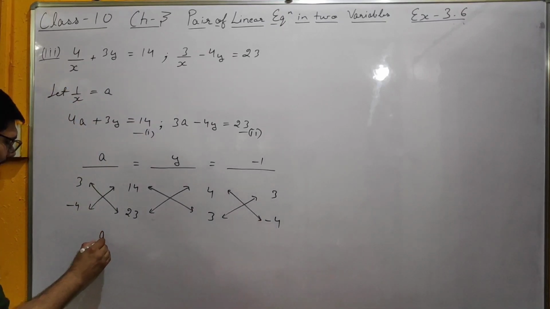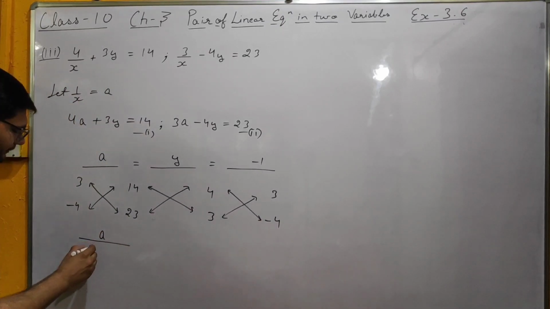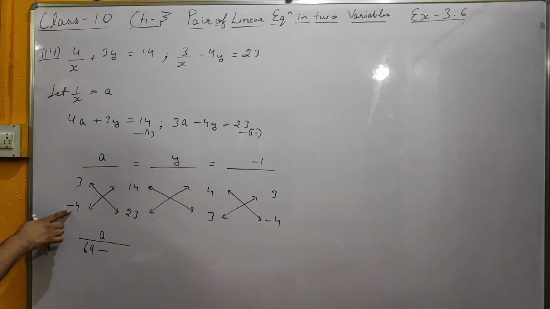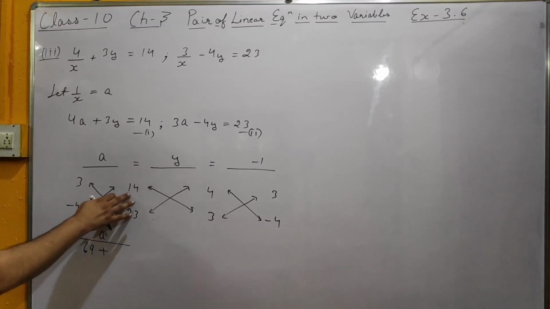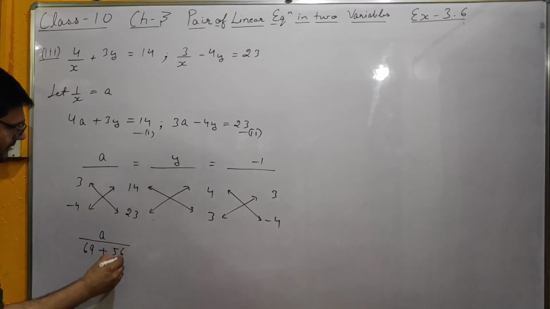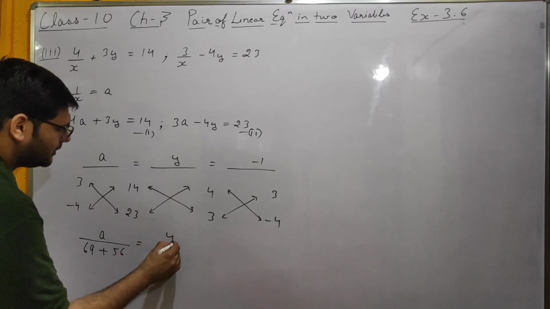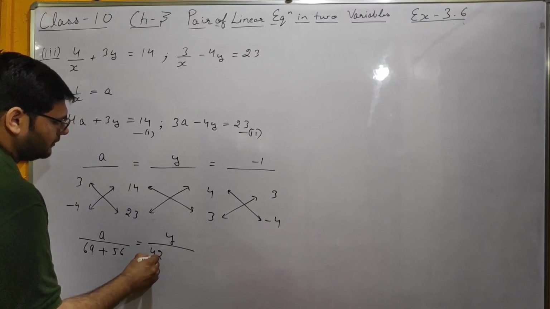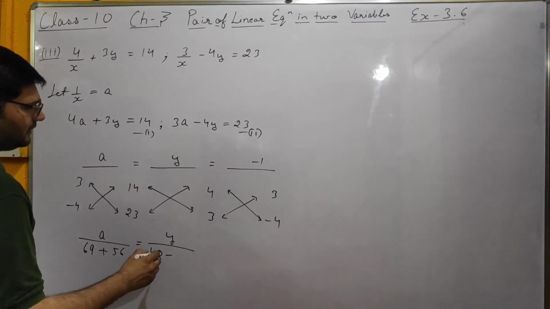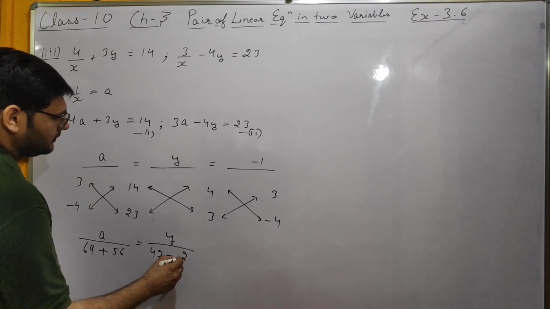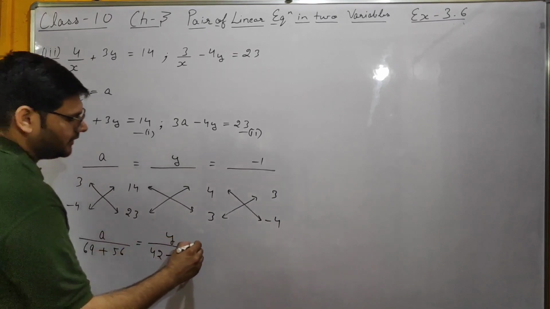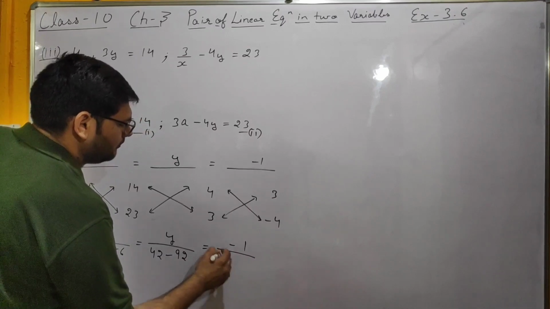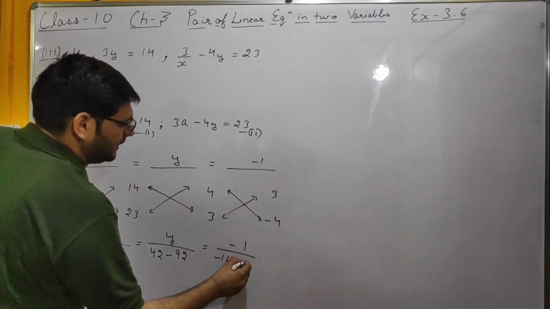It will be a by 69 minus, now minus minus will become plus, 14 fours are 56, equals y upon 42 minus 92, equals minus 1 upon minus 16 minus 9.